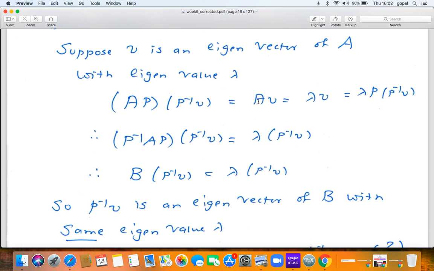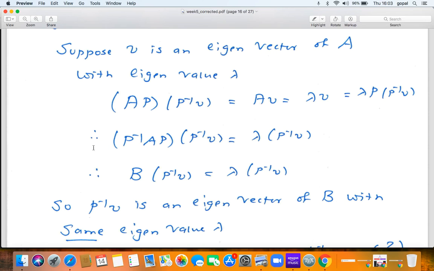So I write A times PP inverse V equals lambda V. And then I'm going to pre-multiply by P inverse.